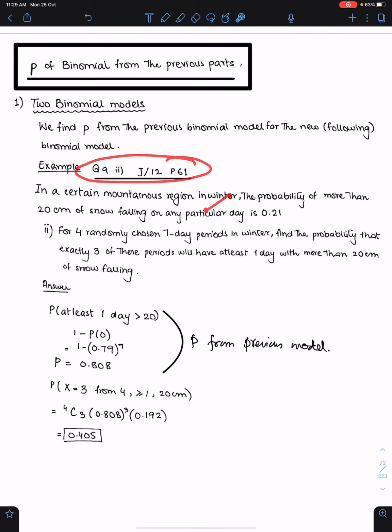This question is from past paper, June 12, paper 61. In a certain mountainous region in winter, the probability of more than 20 centimeters of snow falling on any particular day is 0.21.